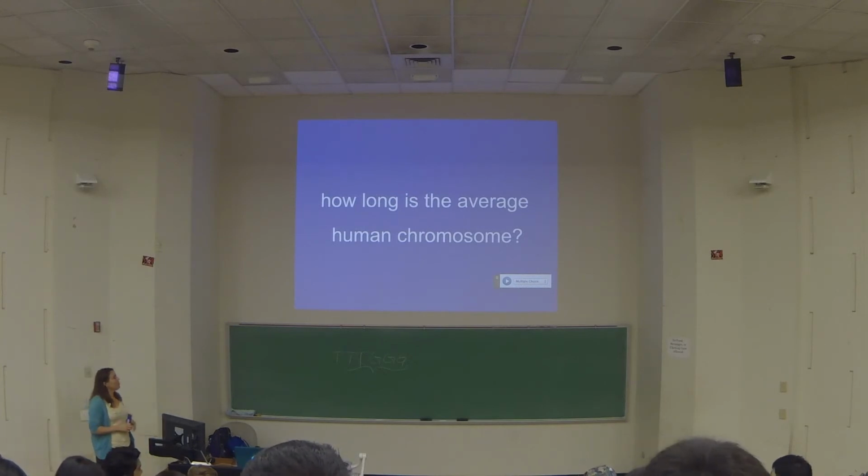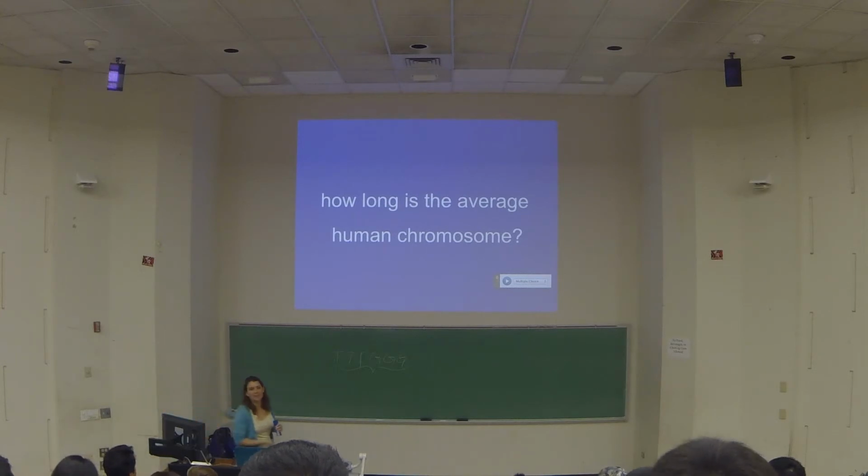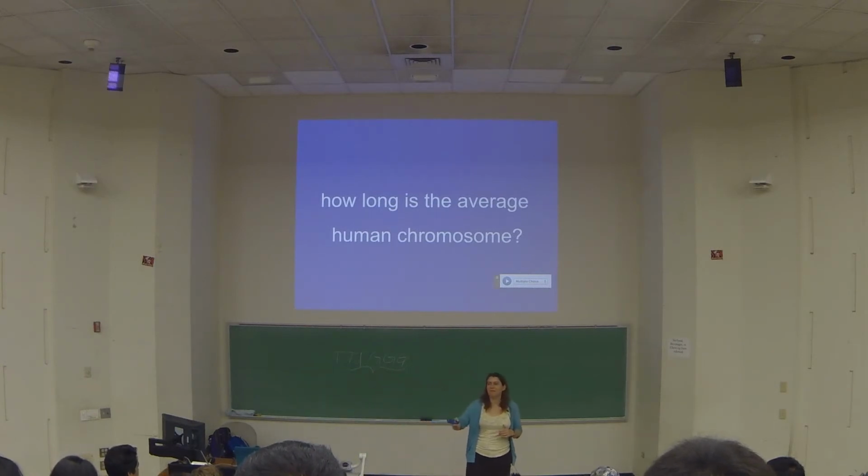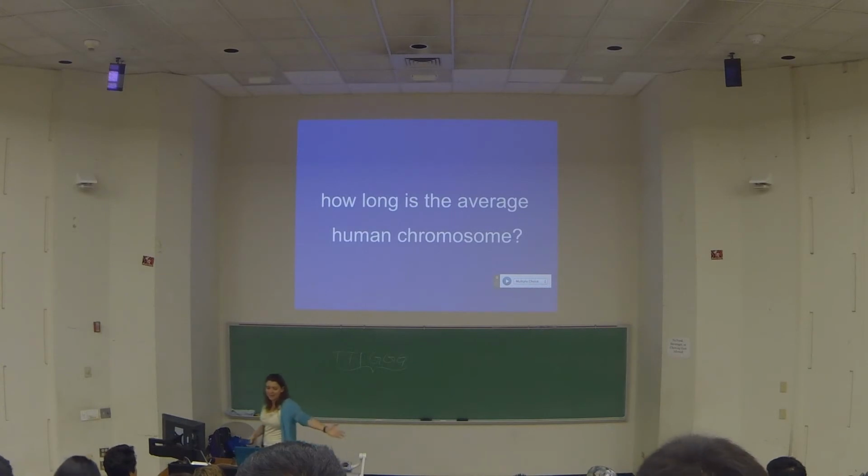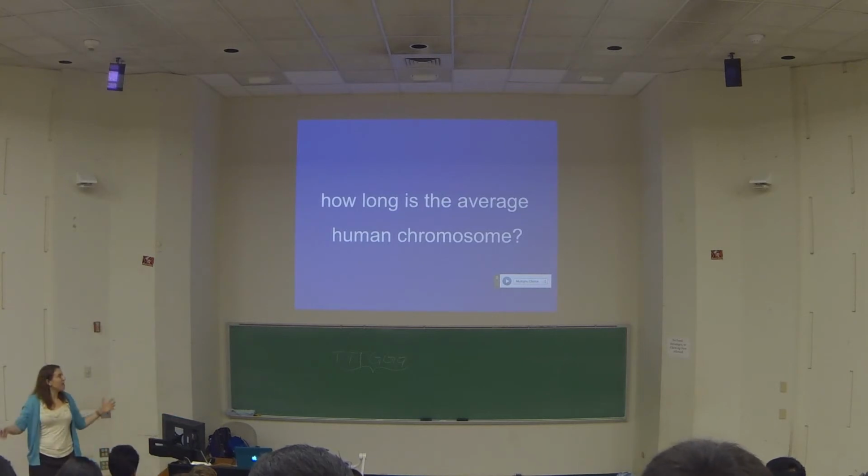So how many chromosomes do we have in a haploid? Haploid number of chromosomes? 23. All right, so we have roughly 3 billion base pairs. I'm going to forget the 0.4 now, it makes math difficult. And we have 23 chromosomes.